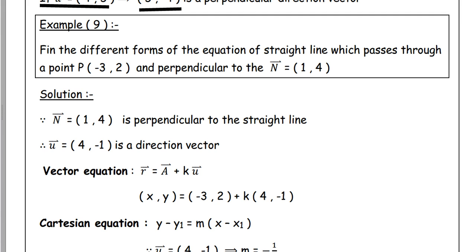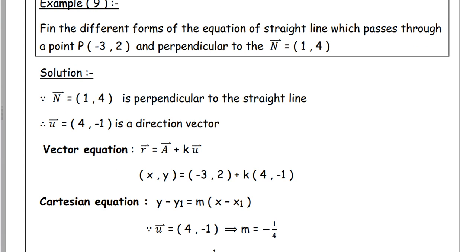So u is 4 and negative 1, the direction vector of our straight line. Vector equation: r equals a plus ku, so x and y equals negative 3 and 2 plus k by 4 and negative 1. Then y minus y1 equals m, which is the slope, by x minus x1.